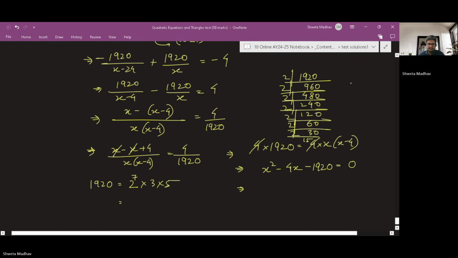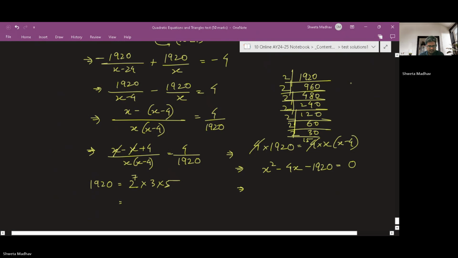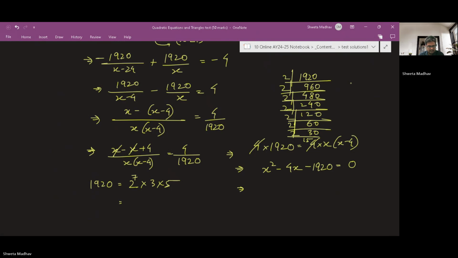This is, so it means I can say this will be 8 8s are 64, into 2.